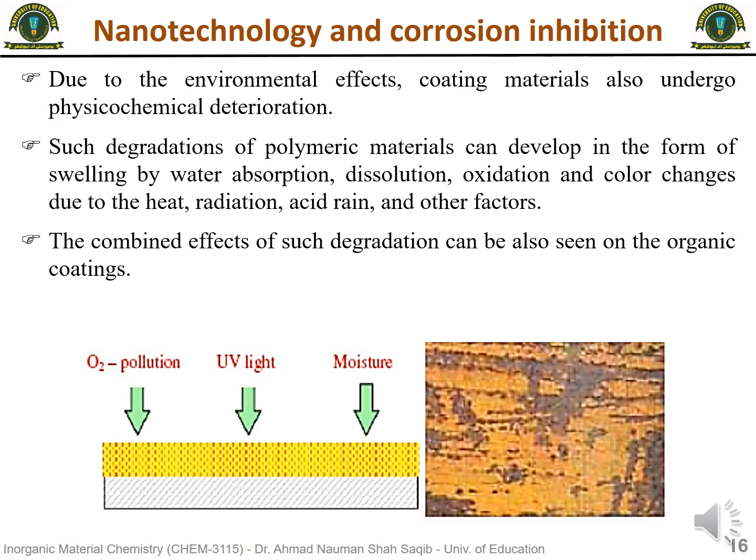So there can be different factors which can damage the surface of the thin film. For example, this diagram below shows that there can be oxygen which can oxidize the thin film surface. UV light can also damage the thin film. Similarly, moisture, water, can have a negative and deteriorating effect on the thin film.